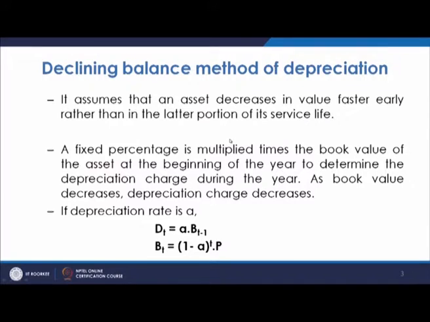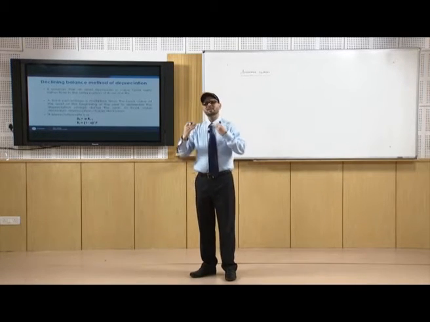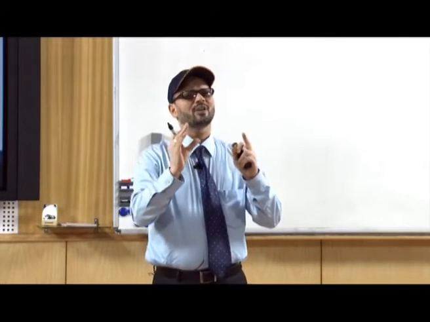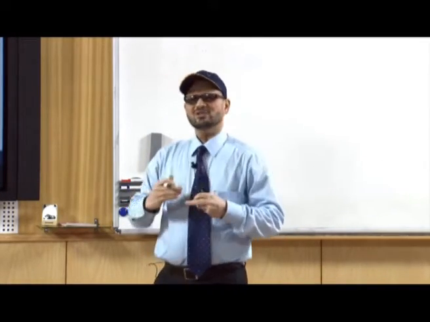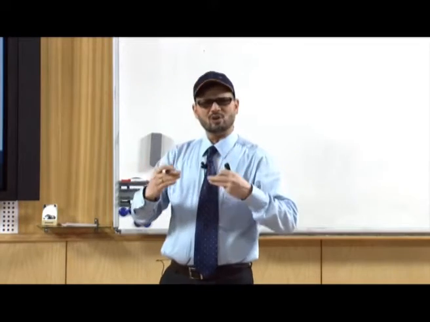So, how do we calculate the depreciation charges in this? Basically, a fixed percentage is multiplied times the book value of the asset at the beginning of the year to determine the depreciation charge during the year. As book value decreases, the depreciation charge decreases. Here the amount of depreciation depends upon the book value at the start of the year. Since book value decreases as time progresses, the amount of depreciation also decreases.